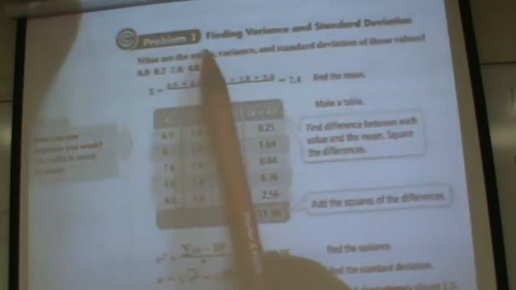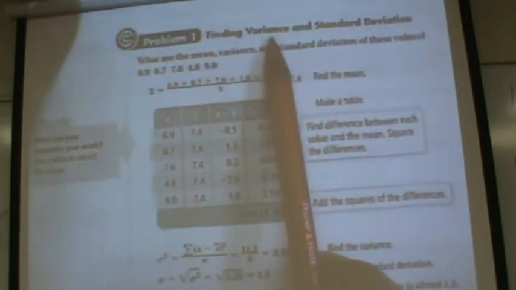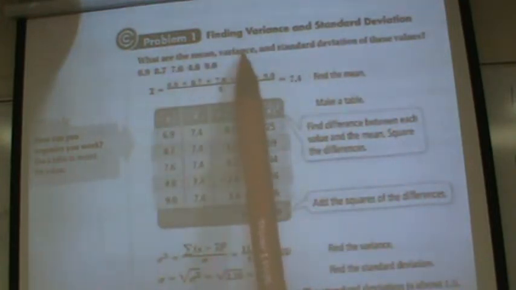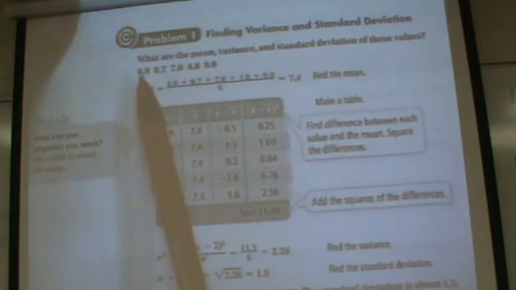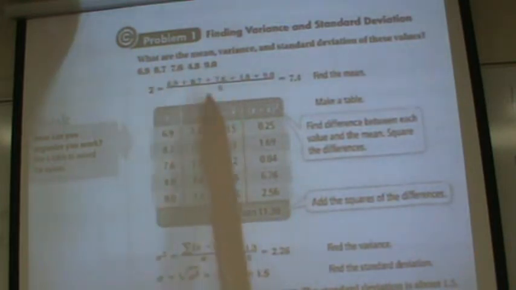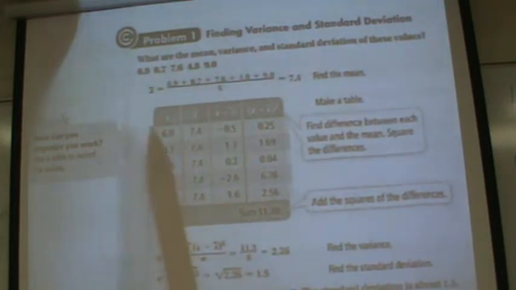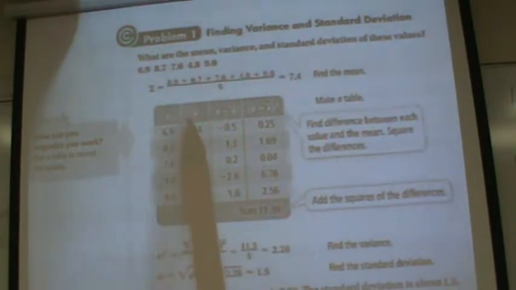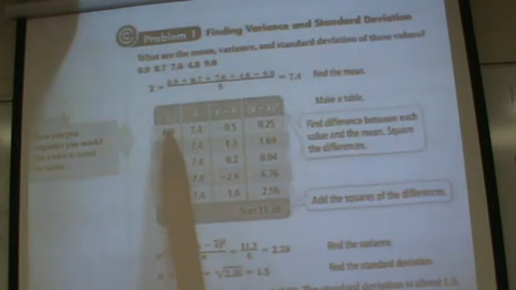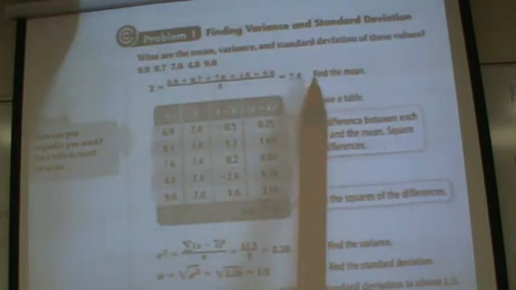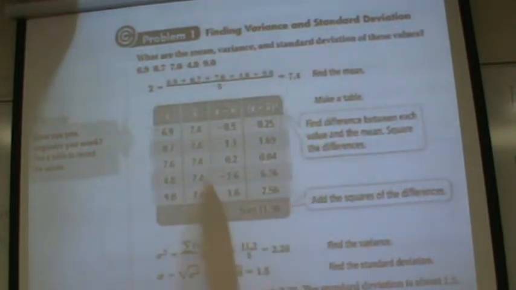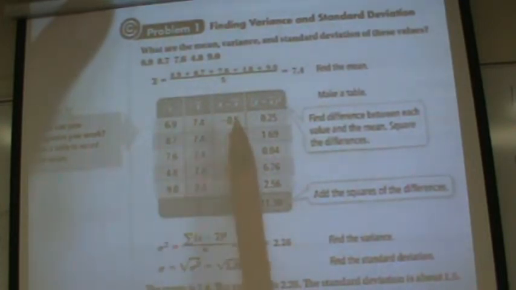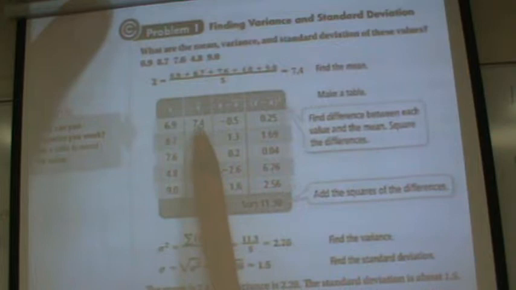So problem number 1, it says finding variance and standard deviation. They're asking you what's the mean, variance, and standard deviation of these values. So they take these 5 numbers and they organize them in a chart. These are your x values, okay? Now, find the average. X bar is the average. You add these up and divide by 5. The average is 7.4. The number minus the x bar is the difference of the value and the mean.